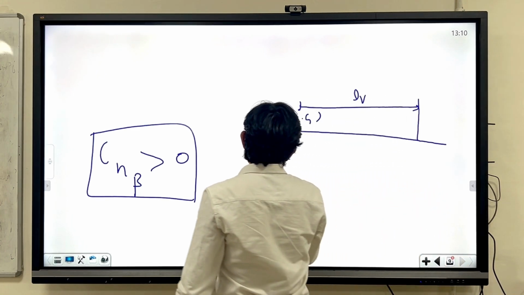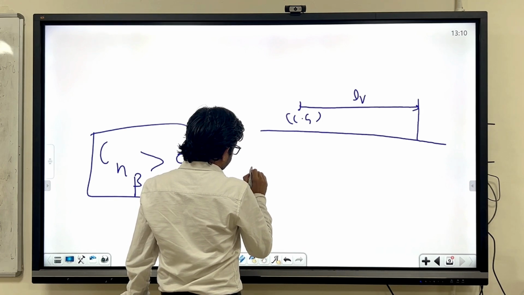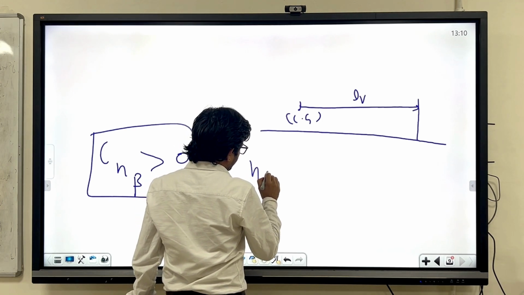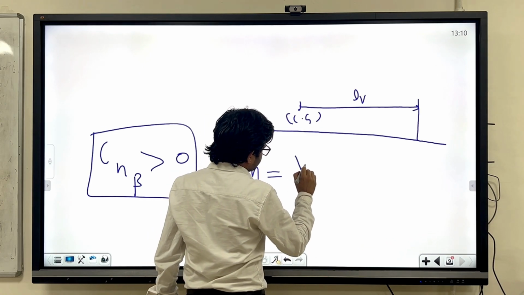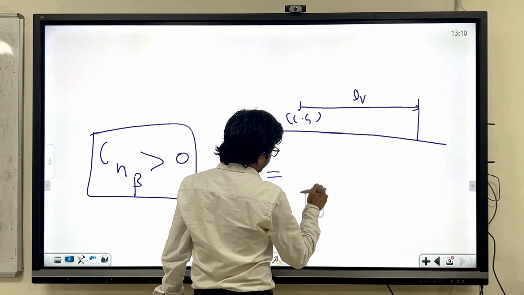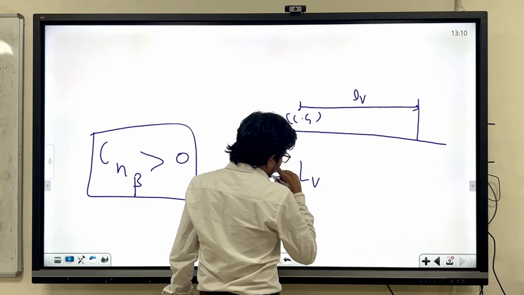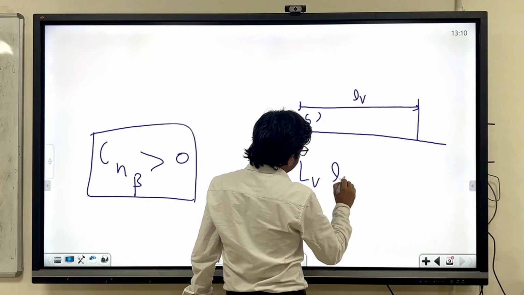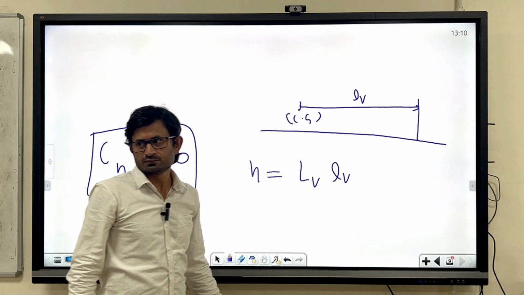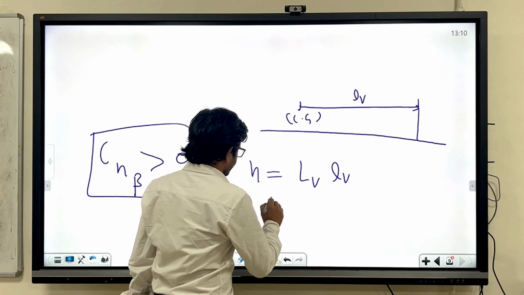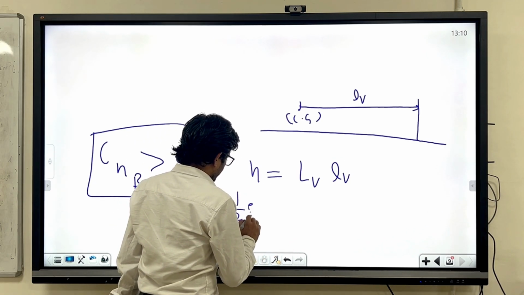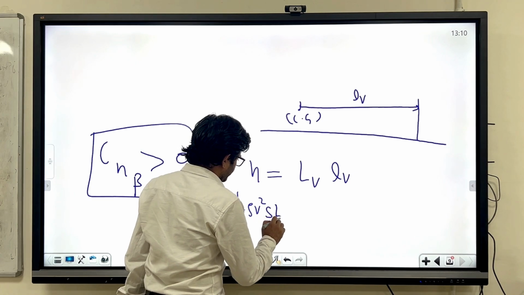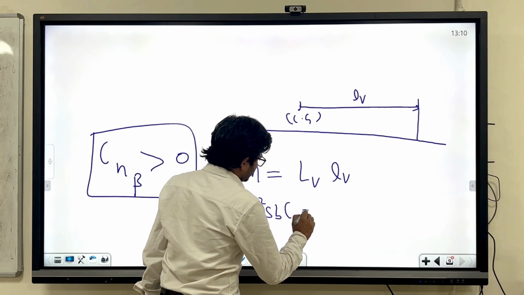So I can write yawing moment N equal to that lift force into this distance LV.